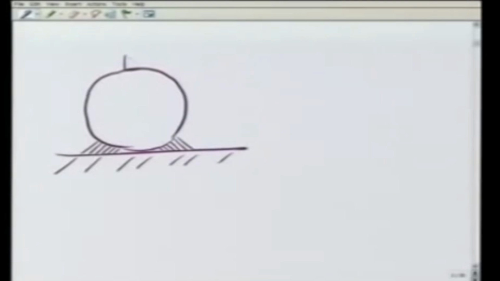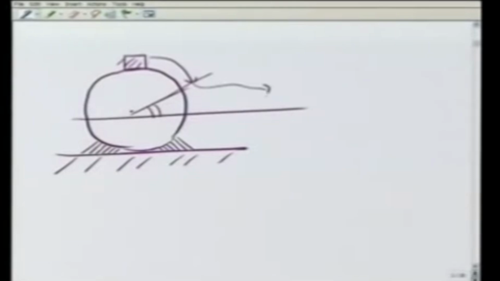The block starts from the top, slides down this way, and the problem that we ask is at what angle does this block fly off the drum? The radius of the drum is r.